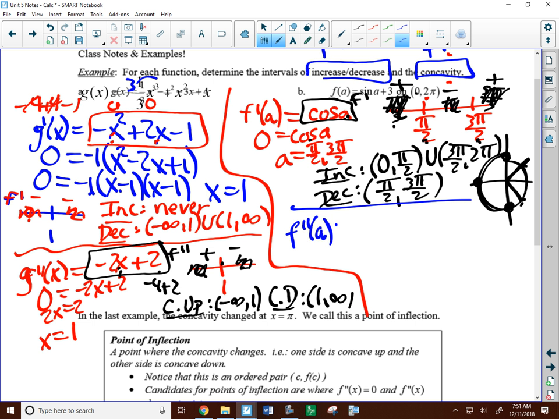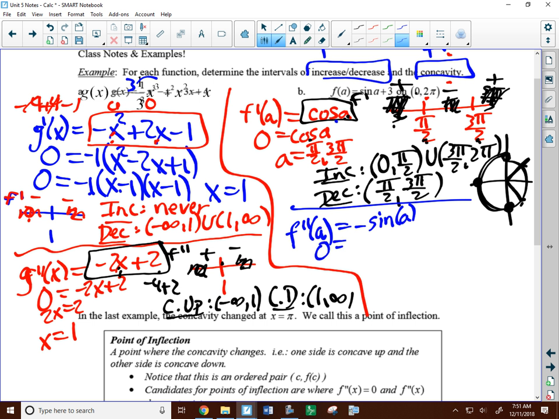Now I'm just going to do the second derivative, and it's the exact same process. Hopefully you're just catching on with this. Same thing, but for concavity, second derivative. So the derivative of cosine would be negative sine.